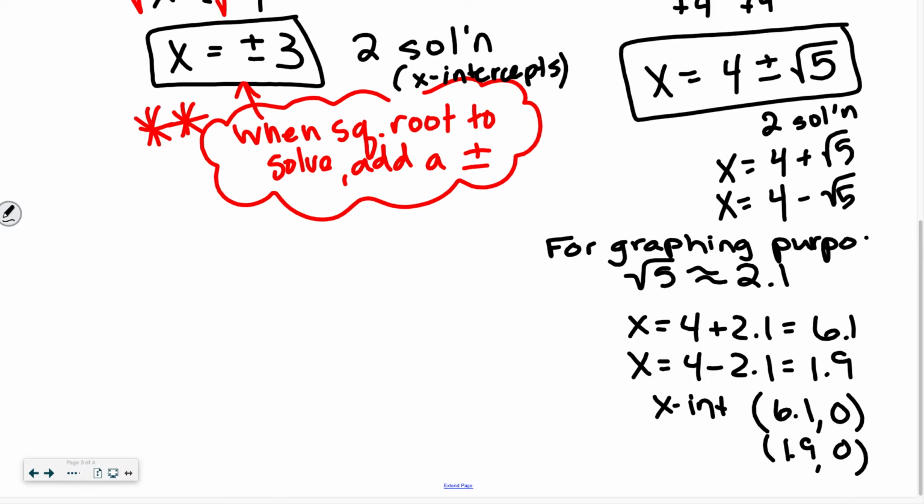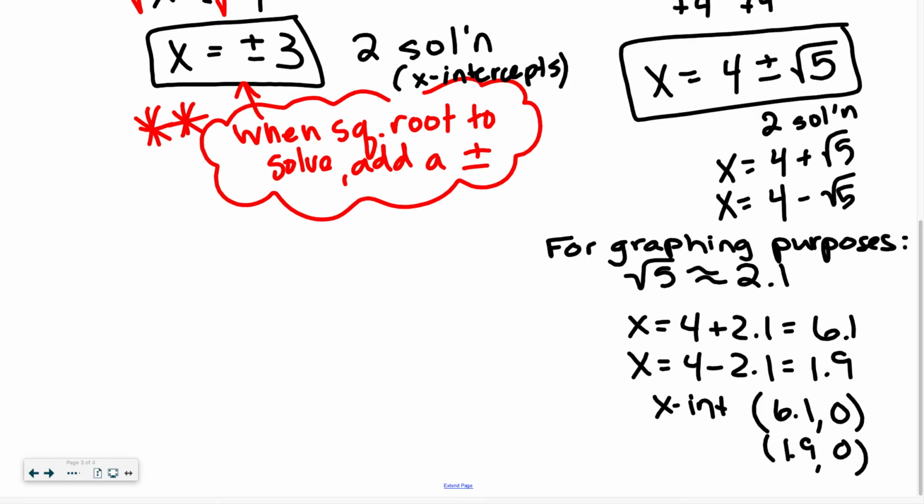But most of the time when I'm asking you to do this solving in chapter 3, I'm not going to have you also graph it at the end. I just want this answer: 4 plus or minus square root 5. Now, if you're answering a real life application question, like how many feet something is, then you're probably not going to include anything that would be negative, right?